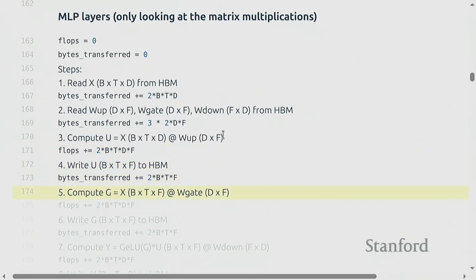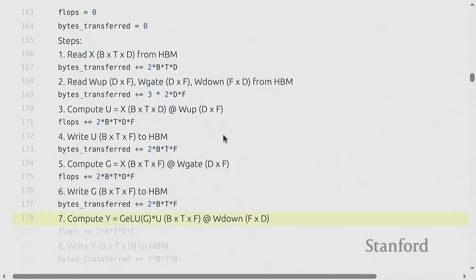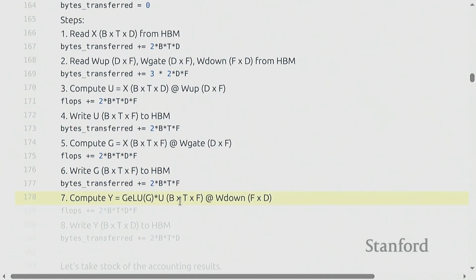You also have the gate, which is this same thing. You write it out, you compute your nonlinearity, you multiply some stuff, and you down project, and that's B times T times D times F, which is basically the same number of flops, and you write out the result.